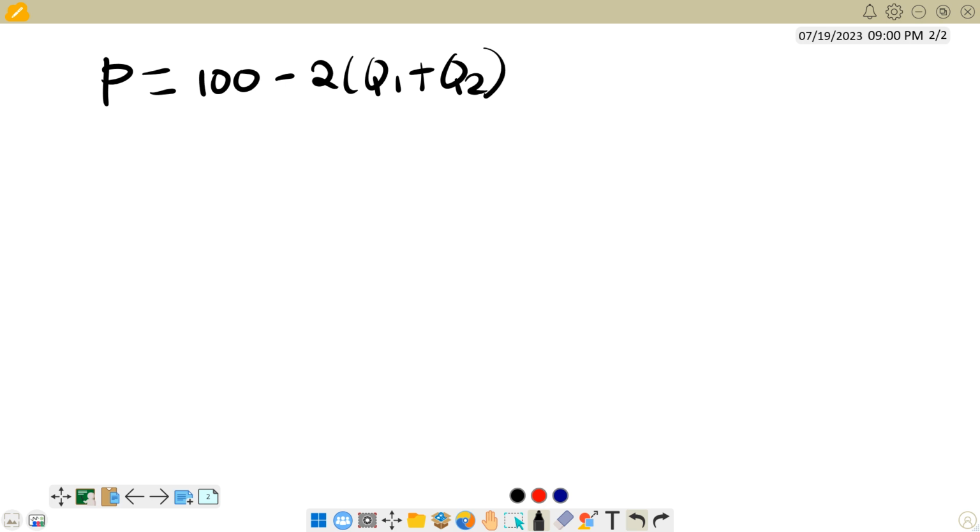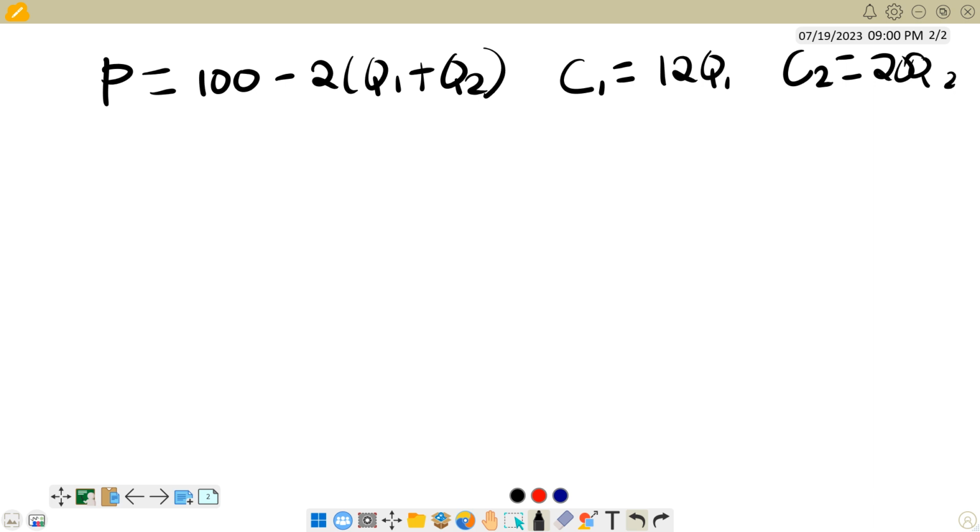That's our inverse demand function. The data we've been given is that the cost for the first plant is 12 Q1, and the cost for the second plant is 20 Q2. So this data has been given from the statement.